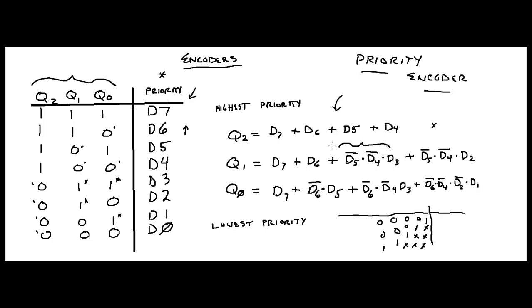You know how to build those. But if this priority was modified, for example, they put D4 higher than D6 and D5, whatever, you change the order, this table here will not look the same, okay? So I want to just bring that to your attention.